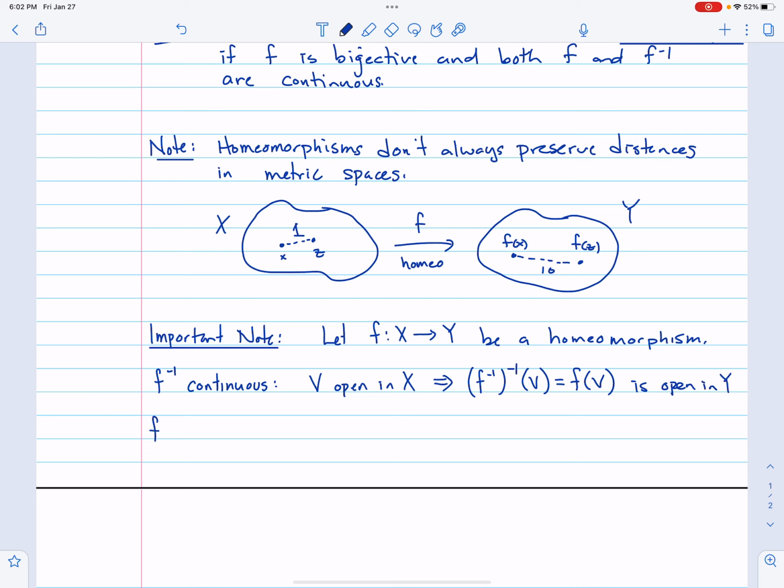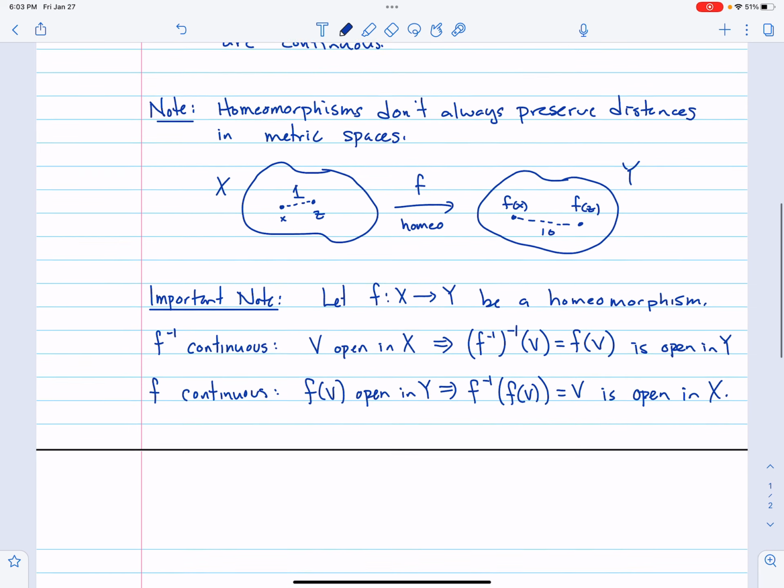And likewise, because f is continuous, if we have a set f of V which is open in Y, then the preimage of f of V under the function f, which is just the set V, is open in X. All right?